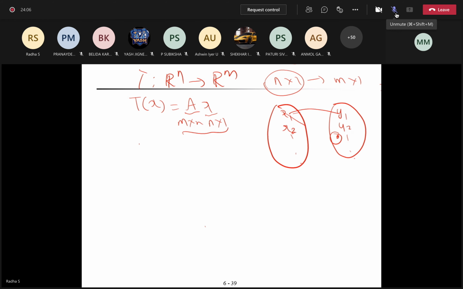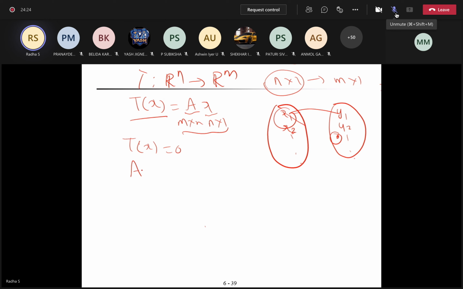Somebody said correctly: null space. Who is that? Satvik. Correct, because I need T of x to be 0. Any x you take should be mapped onto 0.